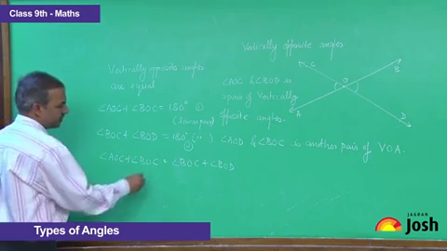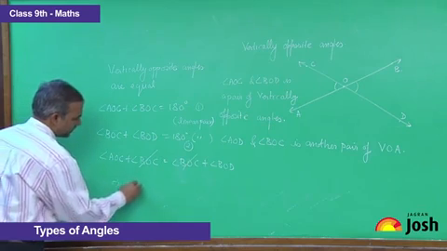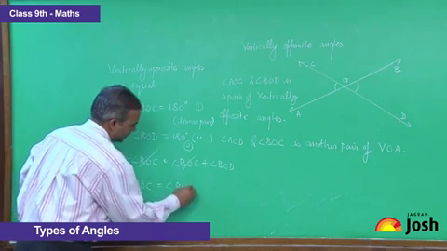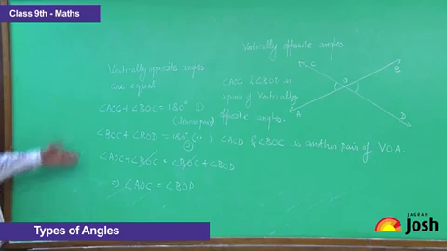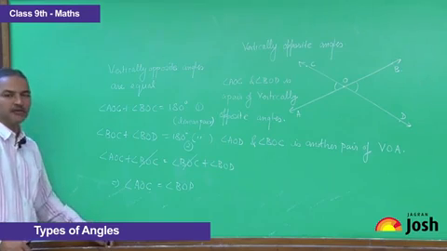Now from this equation you see BOC and BOC will get cancelled, and therefore the result, that is angle AOC is equal to angle BOD. This is a pair of vertically opposite angles, and this is the proof for the theorem that vertically opposite angles are always equal.